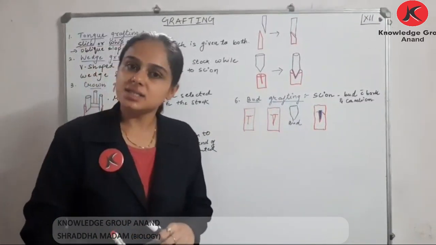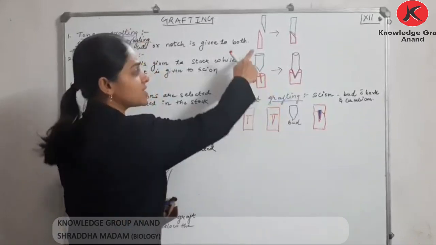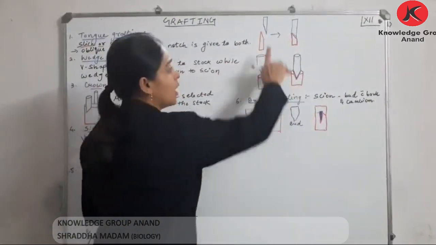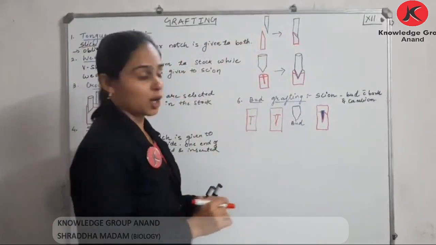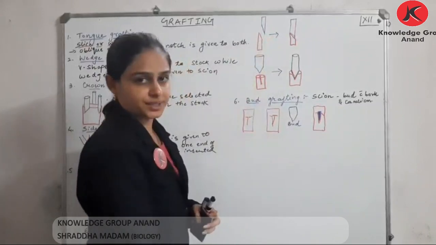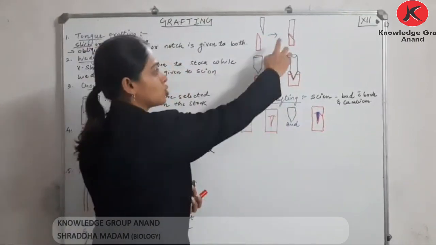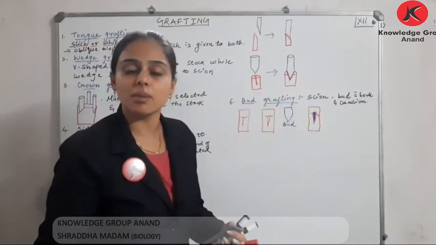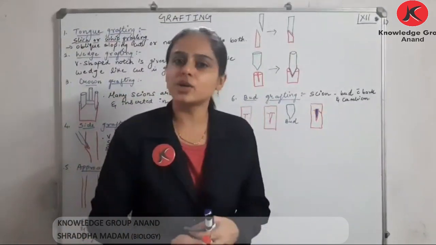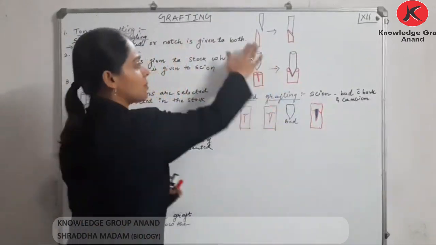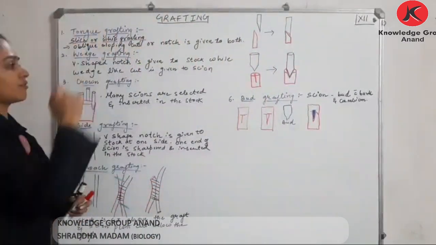They are having same diameter. So as you can see over here, ये red वाला portion क्या है मेरा, stalk है. Blue color portion क्या है मेरा, scion है. As you can see over here I have made oblique cut followed by which, उसकी होगी joining by means of a grafting clay. By means of a grafting clay and you can say it as your grafting wax. Am I clear? तो ये simple सा है आपका tongue grafting.